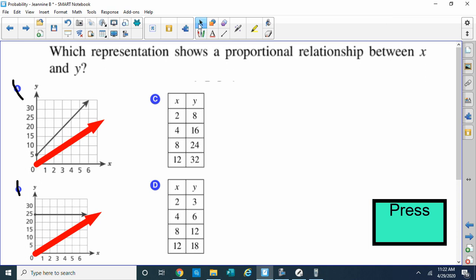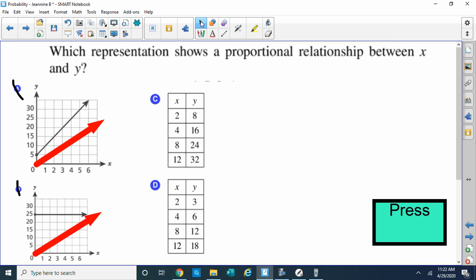The constant of proportionality is a fraction or whole number that you multiply the x by in order to give you the y value. So all of these x values, if you multiply by that certain constant number, it's going to give you these y values. So there's a magic number.